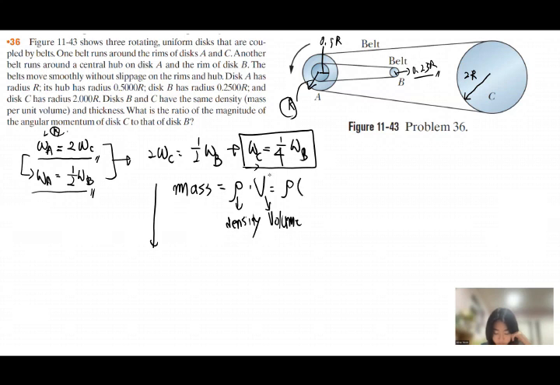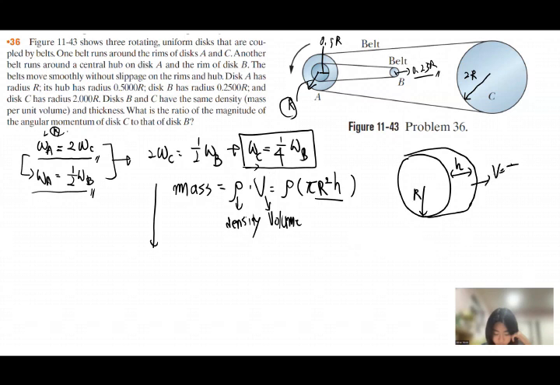So the volume of a disk is the area of the cross section times the height h. If you think of these 3 disks as having the same height h and radius r, then the volume itself is pi r squared times h. Okay.